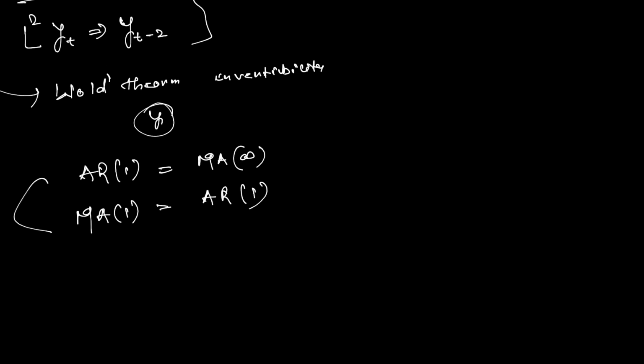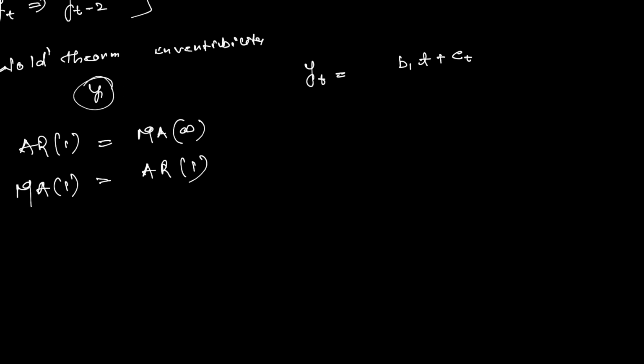Now, what is AR model? So AR model can be written as yt is equal to b naught plus b1 t plus error term et. For the time being, for simplicity, just remove b naught. Okay. So I can write it as, oh sorry, this is not the correct equation. I have written t. That is a trend model.